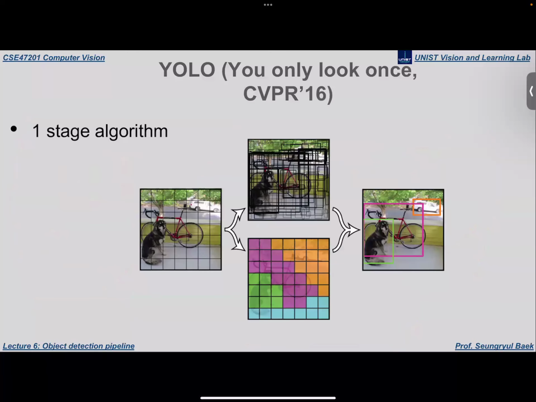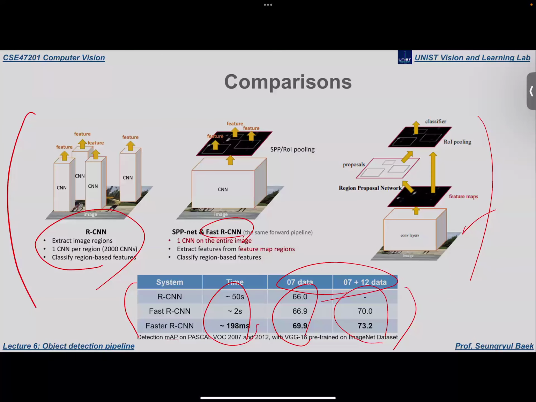And then we learned about YOLO briefly. Before YOLO, the RCNN algorithms were called two-stage algorithms, because at the first stage they detect the bounding boxes, and at the second stage they classify those bounding boxes into classes.